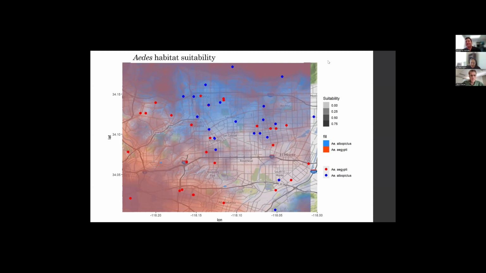But even in the predictions from the joint species distribution model that have really high prediction in Pasadena, we do detect a lot of Aedes albopictus, but there's no dominance of areas by Aedes albopictus compared to Aedes aegypti, whereas we do see a lot of areas where you only detect Aedes aegypti, and those are the most heavily urbanized areas. So yeah, I'm interested in also considering how this compares to Florida and other areas where they have come into contact, and we're seeing different outcomes.